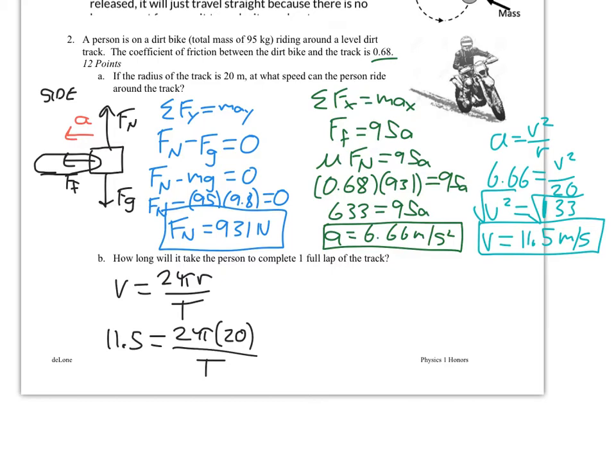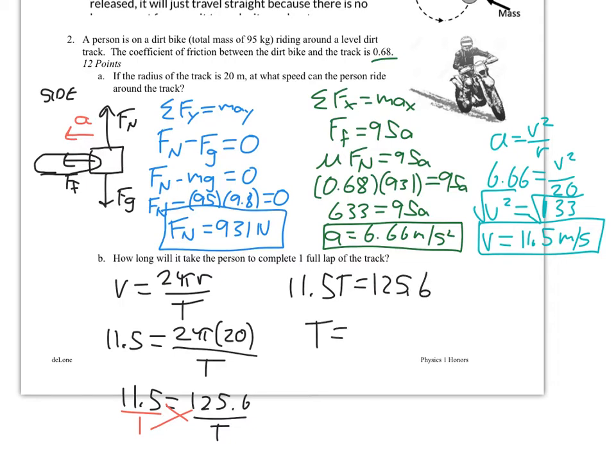Multiplying that top out, I get that 11.5 is going to be equal to 125.6 over T. From here, I can put that over 1 and cross multiply, and I get 11.5 T equals 125.6. So my period then, that time for one lap, is going to be 10.9 seconds.